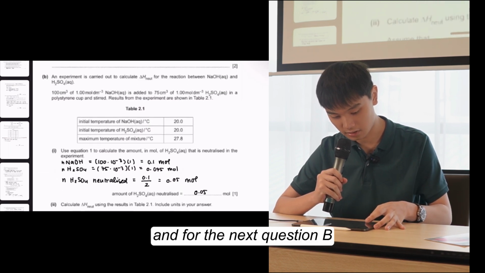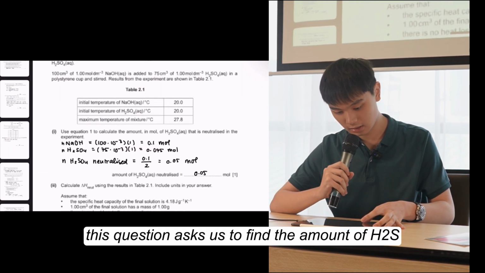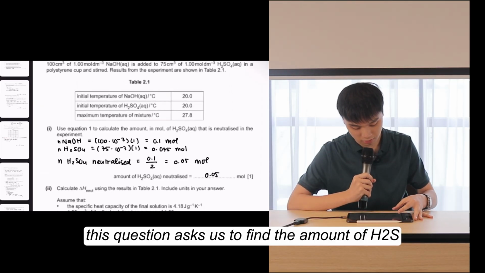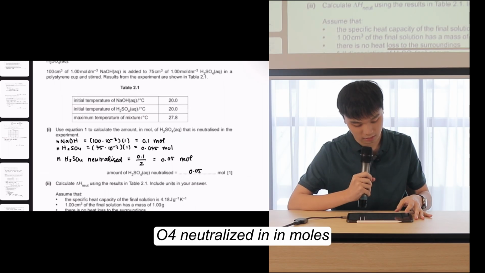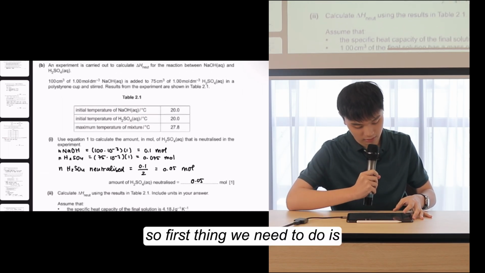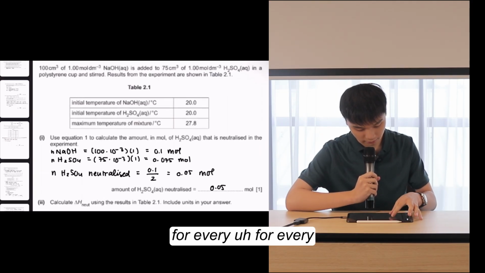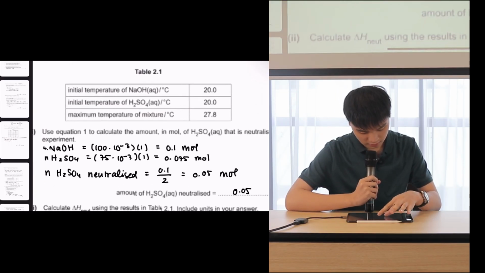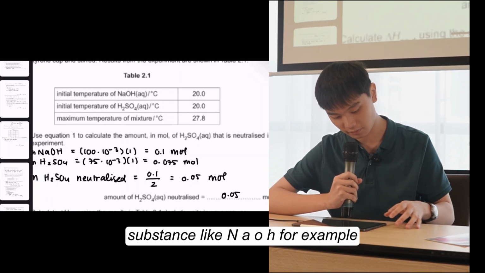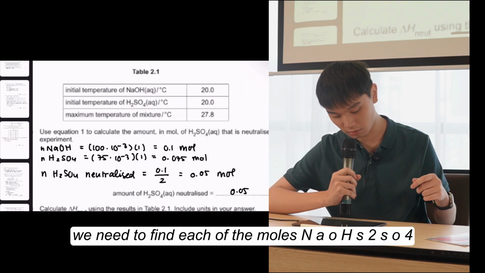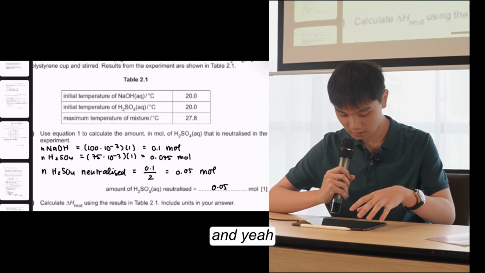And for the next question, B, this question asks us to find the amount of H2SO4 neutralized in moles. So first thing we need to do is calculate the moles for every substance, like NaOH, for example. We need to find each of the moles, NaOH and H2SO4.